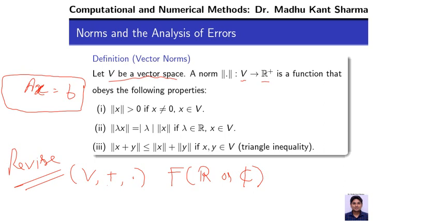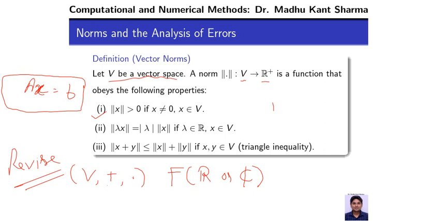It is a function that satisfies the following properties. If you take a non-zero vector, the norm remains greater than 0. This is called non-negativity. It also tells you norm of x equals 0 if and only if x equals 0.